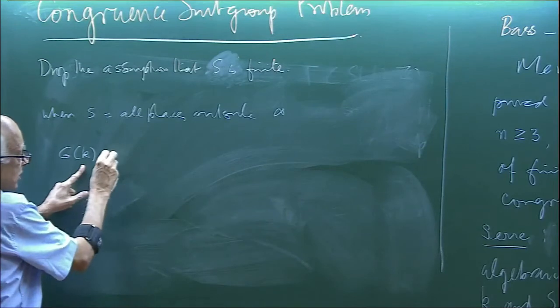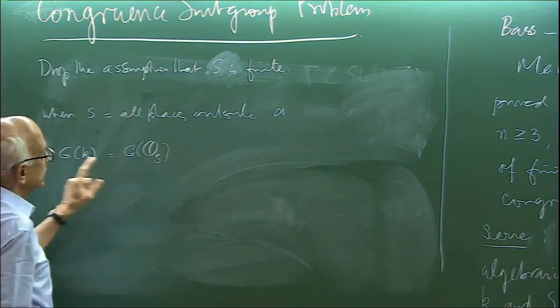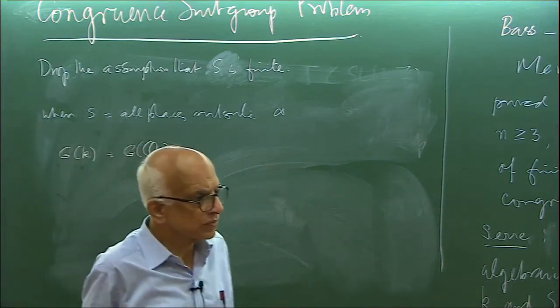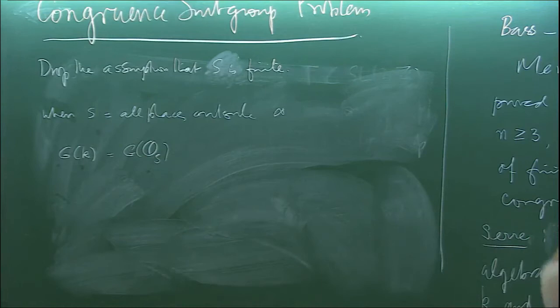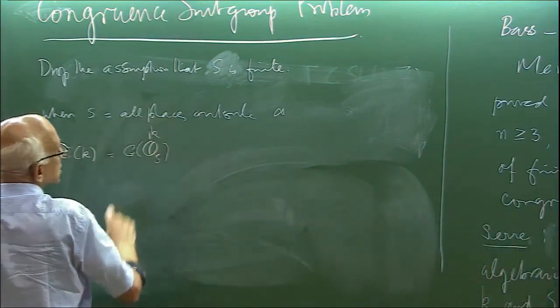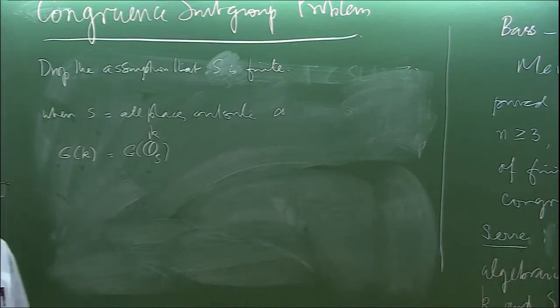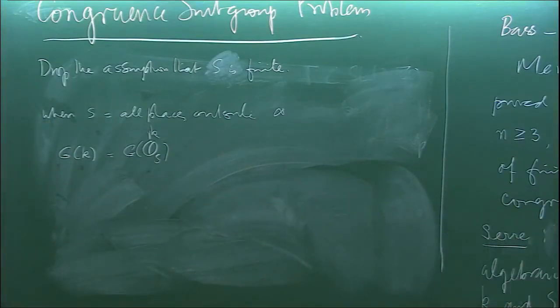This is the same thing as what I called G of OS. It makes no difference, G of OS turns out to be GK, because OS is K. And then you're looking for subgroups of finite index. You can ask, in particular, for normal subgroups of finite index, or more generally for normal subgroups. Does GK have normal subgroups at all?